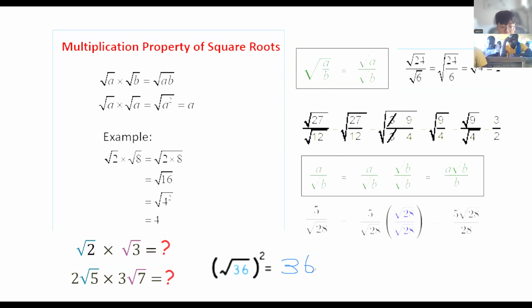Yes, that's right, because we're taking the square root and then squaring it. So these two cancel out. This just becomes 36. So those are the properties of square roots and squares.